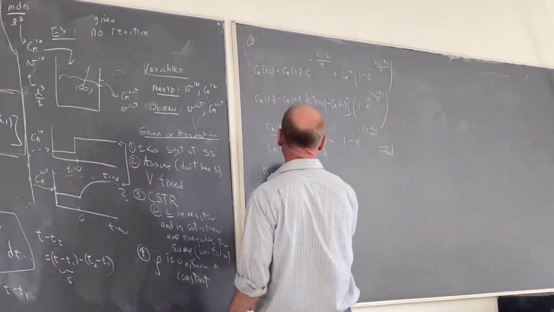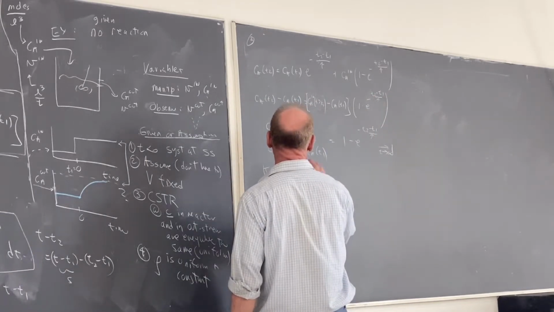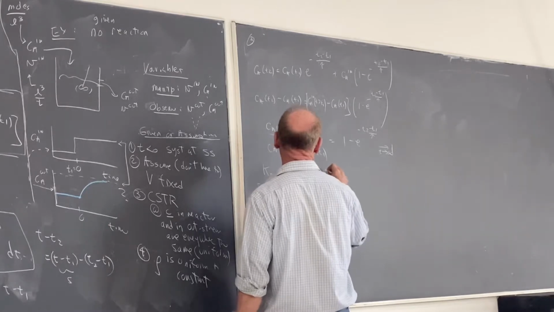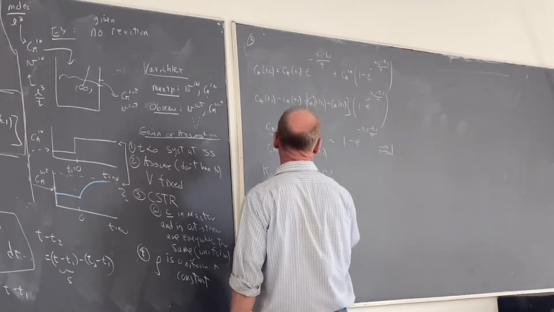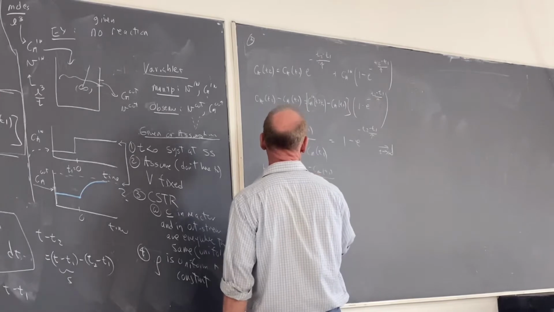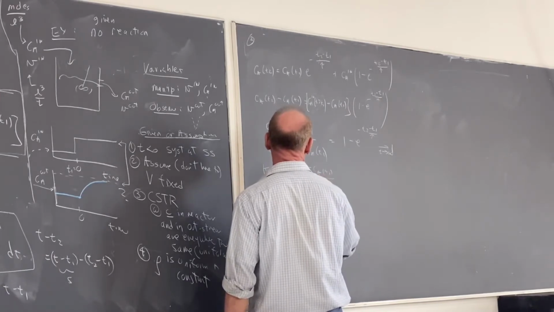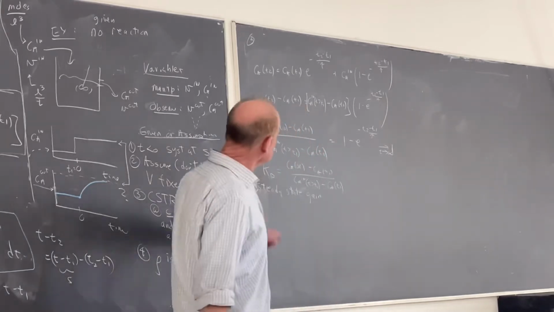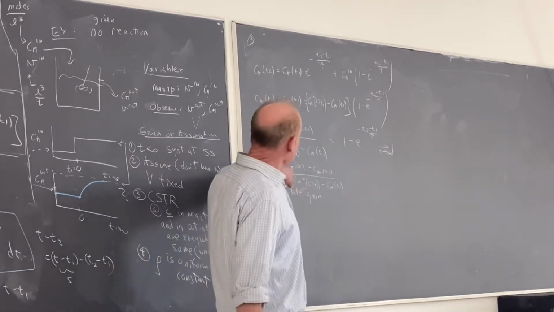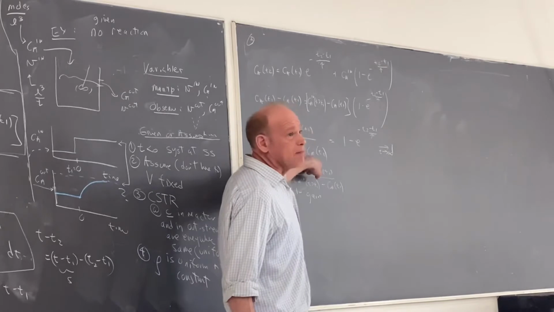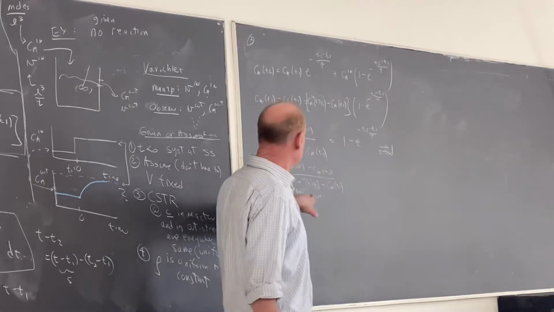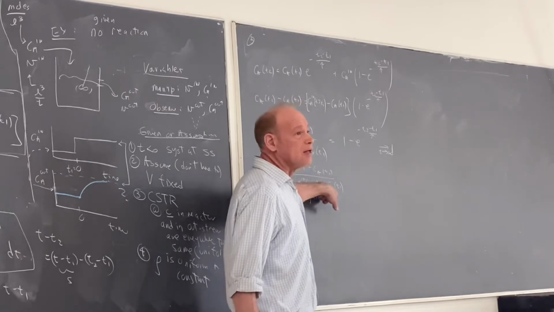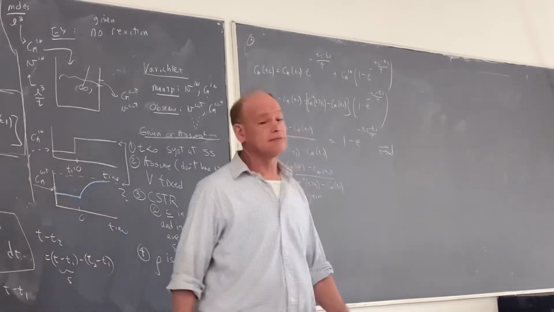In this case, it's CA of infinity minus CA of T1, divided by CA in for t greater than T1 minus CA of T1. So it's what comes out at infinity minus what came out at the beginning, divided by what goes in minus what was coming out at the beginning.